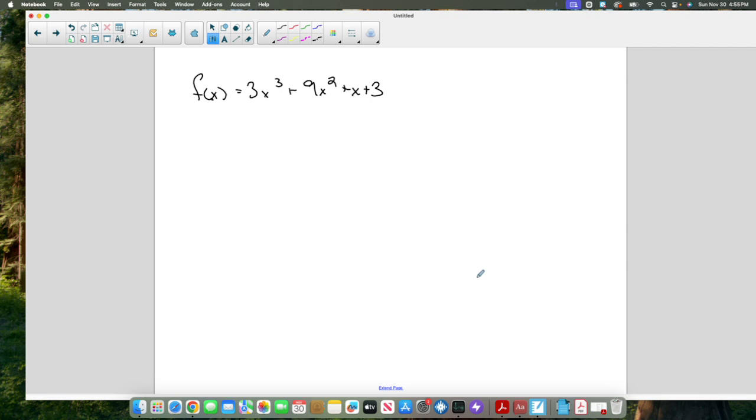All right, so let's try this one. Again, what are our possible factors? Plus and minus 1 and 3. We also have plus or minus 1/3, and 3 over 3 is just 1, so we're not going to deal with that. So let's do 1/3.